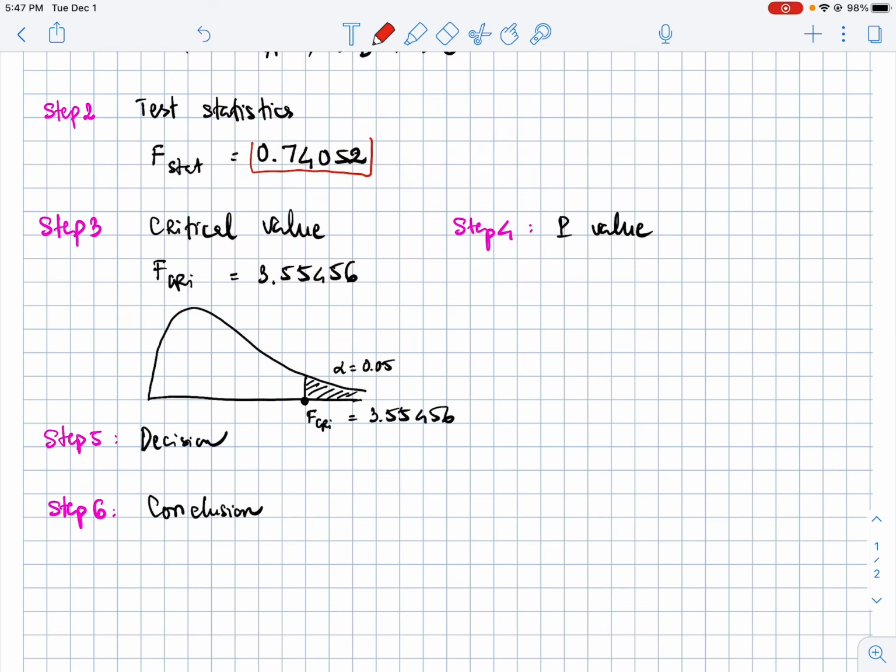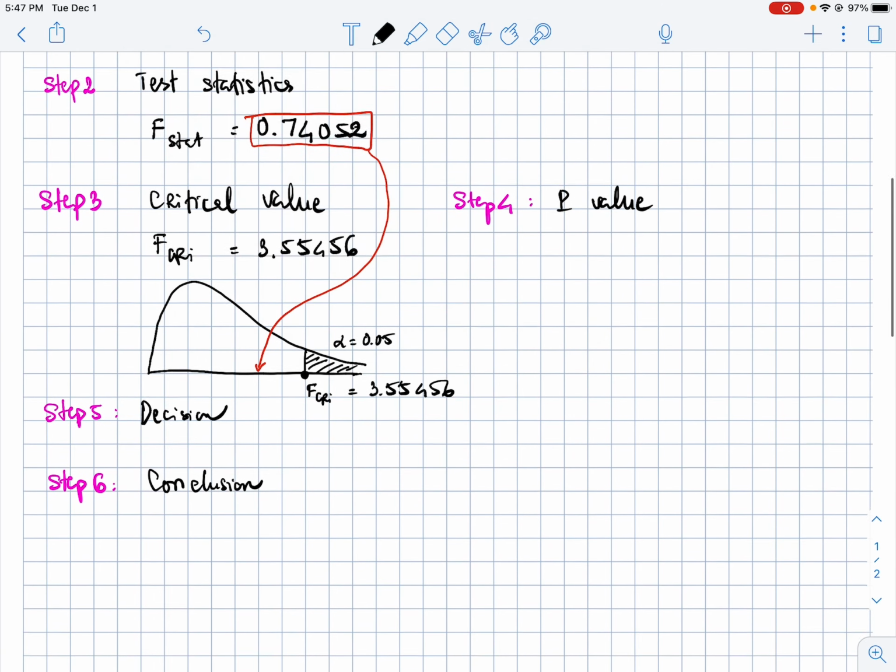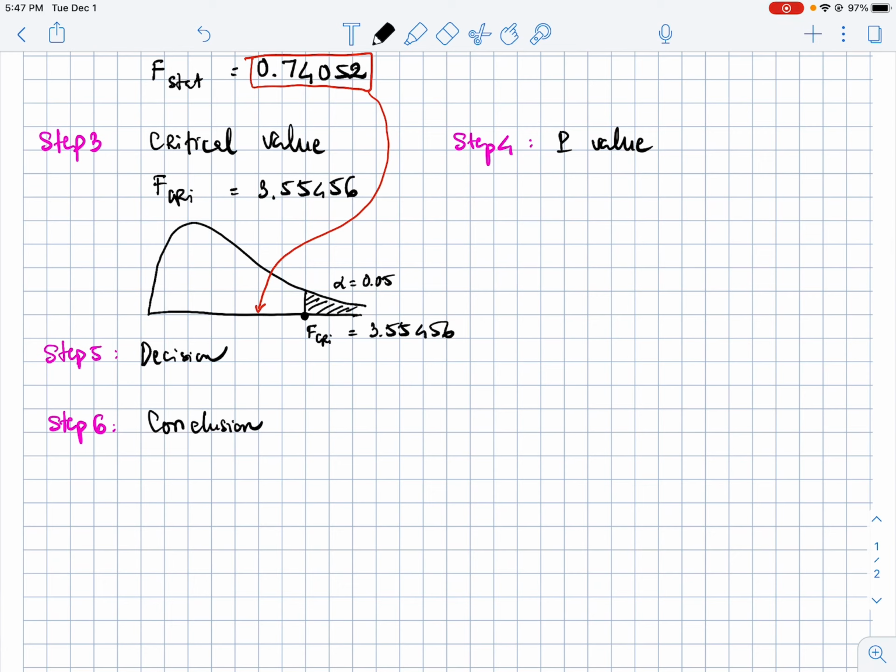Then we look at the F statistic, and the F statistic lands on the blank area. So the blank area means we do not reject the null.